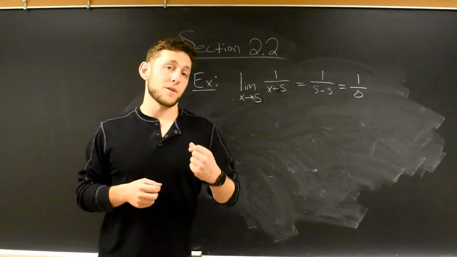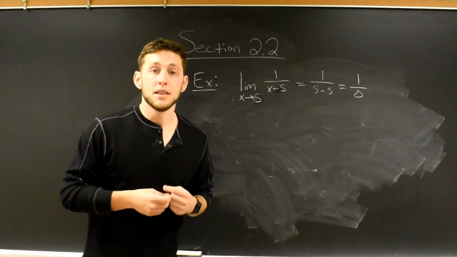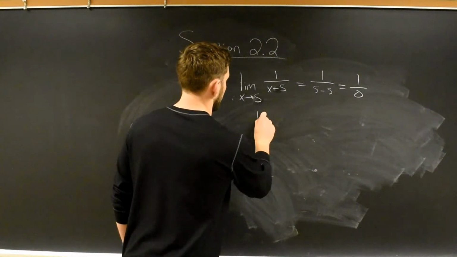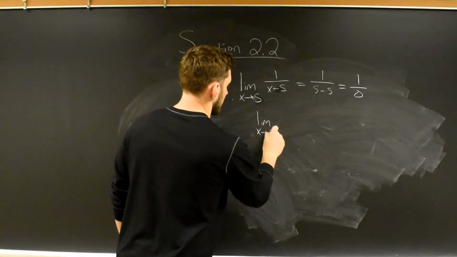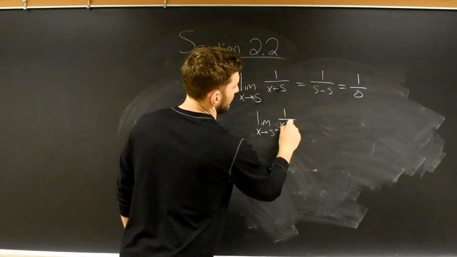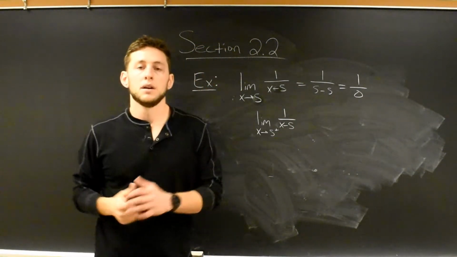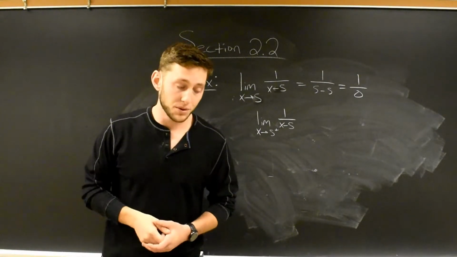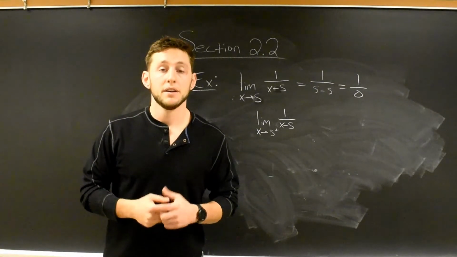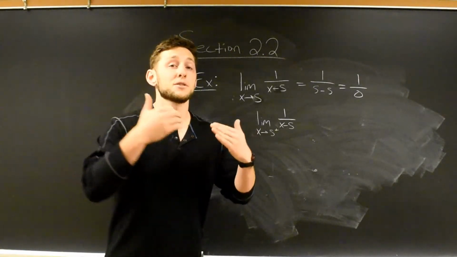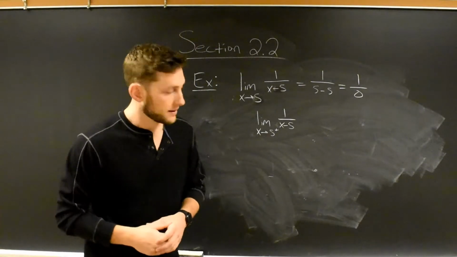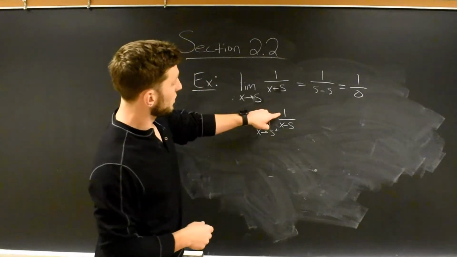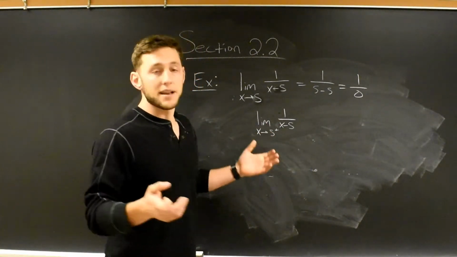So if we want to be more specific and talk about infinite limits, this is where we need to go ahead and talk about the one-sided limits. How about as we approach 5 from the right-hand side? Now as we approach 5 from the right-hand side, that's going to be using numbers such as 5.1, 5.01, 5.001. So long as you're greater than 5, you can use it. So if I were to plug in those numbers, notice that 1, well, that just stays 1. But let's take 5.1.